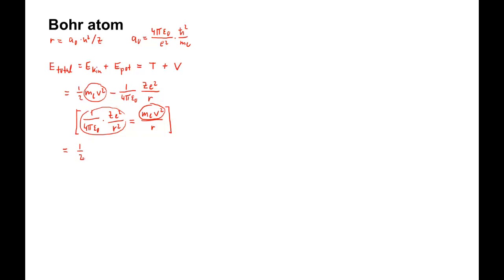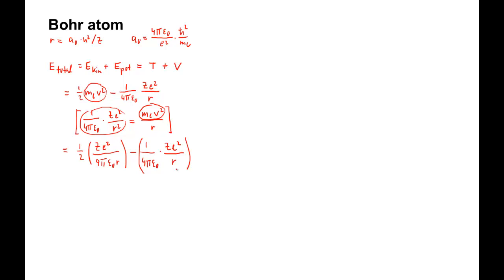So we get 1/2 times Z e squared over 4 pi epsilon 0 r, that's the kinetic energy, minus, and now we copy the potential energy, 1/4 pi epsilon 0 times Z e squared over r.